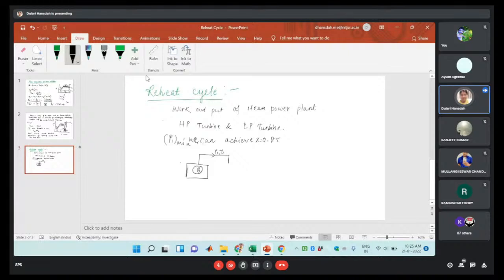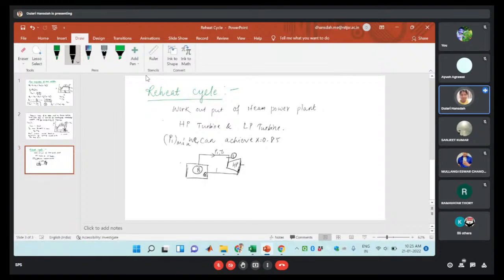After the boiler, there will be the inlet to the turbine. Okay. First is the high pressure turbine expansion over here. This is the inlet, which we can write as 1, right? This is the high pressure turbine. Then again the outlet of the steam will be reheated.